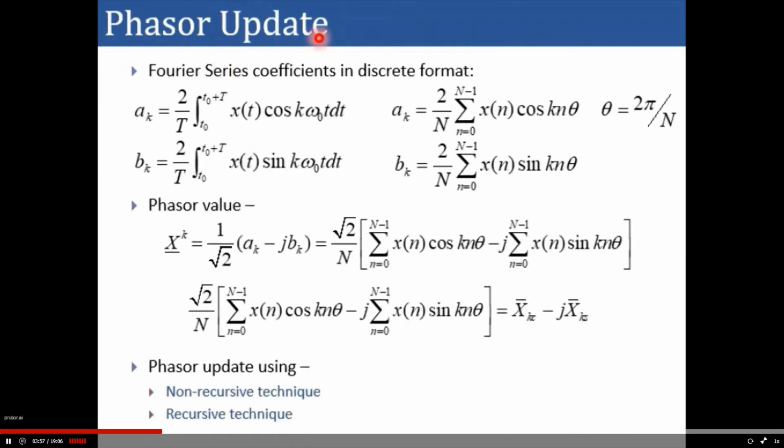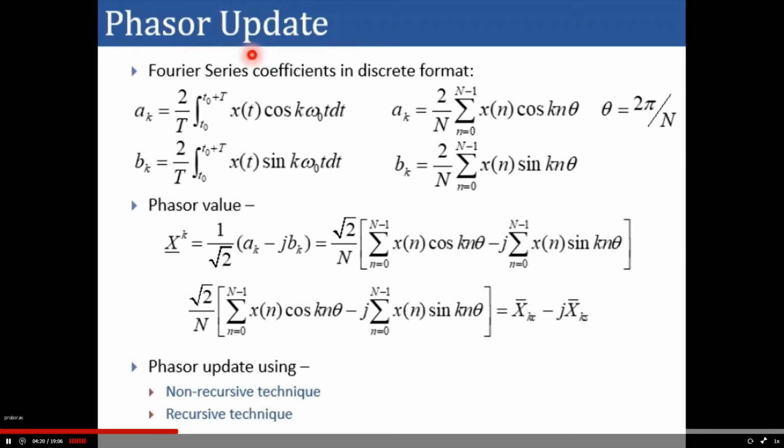Now let's talk about the phasor update, how we do the phasor updation, because from the field we continuously get the signals, that is the sample data, and we have to reconstruct the phasors after the arrival of each sample. So how will we do the continuous phasor update?